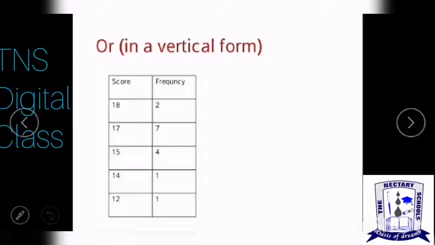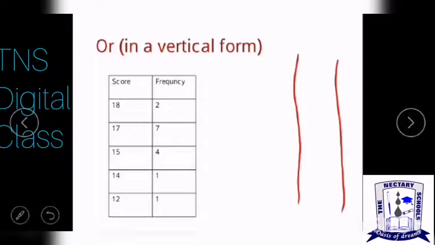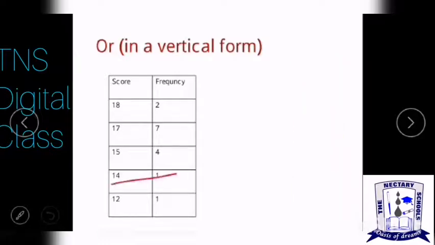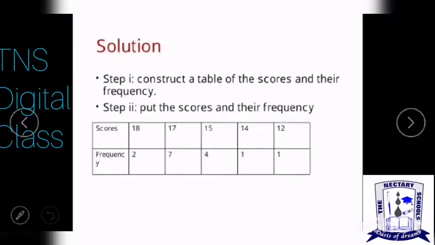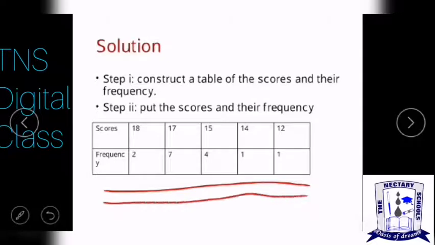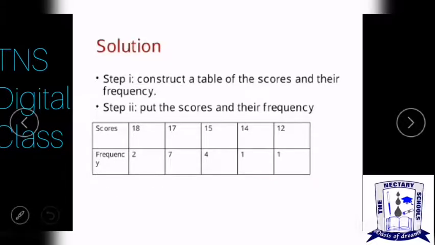You can as well represent a frequency table in a vertical form. The word vertical means something coming from the top to the bottom, like this. The other one that we treated is a horizontal table, and this is the direction of the table.